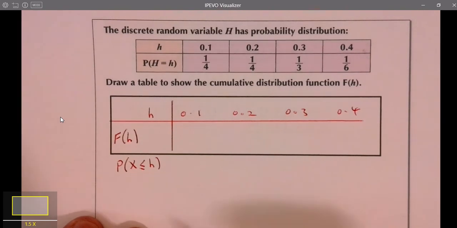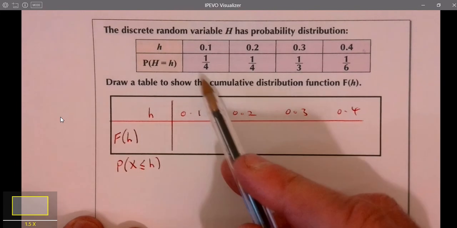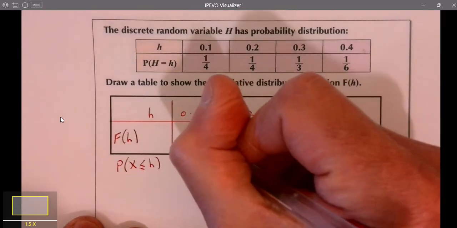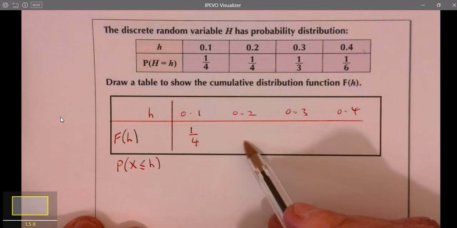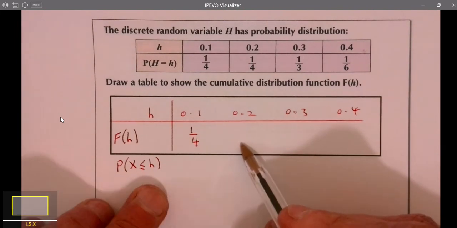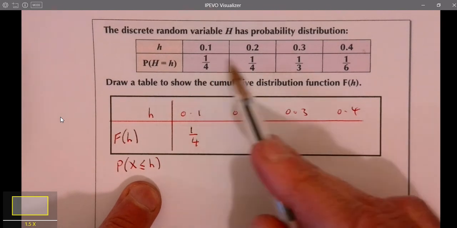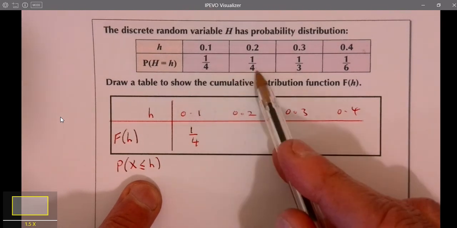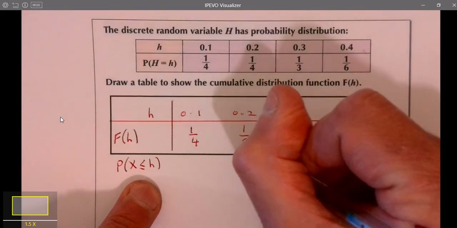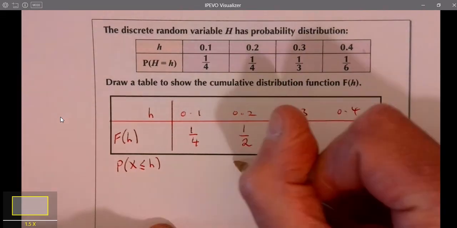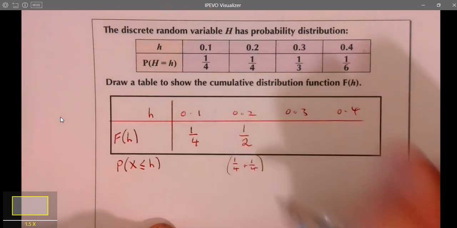So let's have a look. The first one doesn't actually make any difference because that's still going to be a quarter. The next value, to work out the cumulative value here, is going to be these two together. So a quarter plus a quarter, that's a half. I'm just going to put in here a quarter plus a quarter, just so you've got that to refer to.